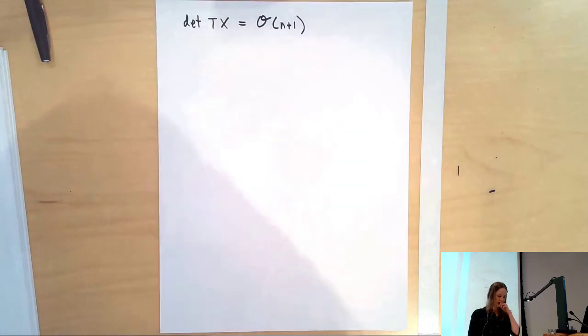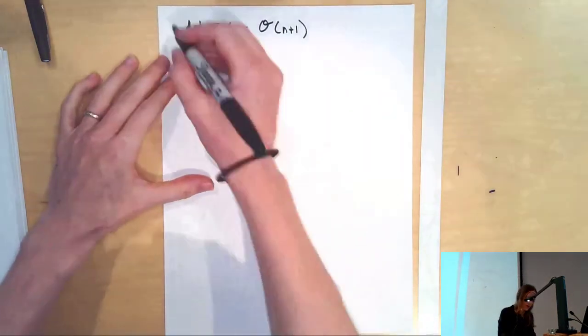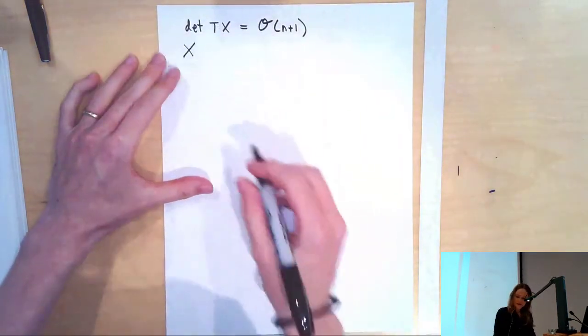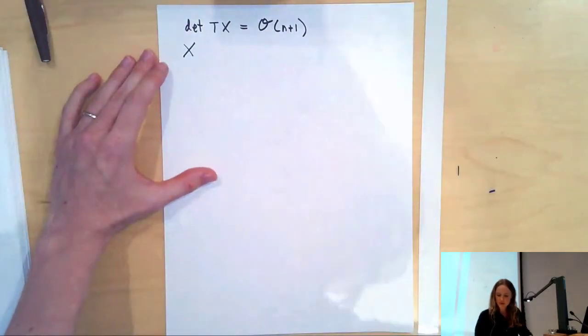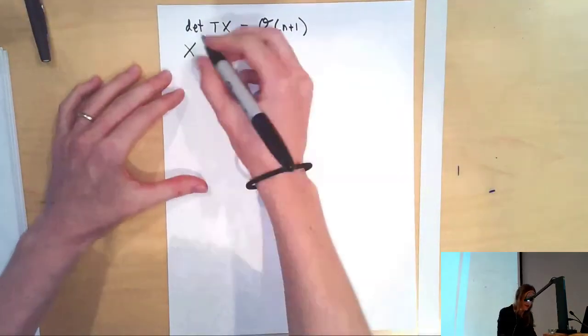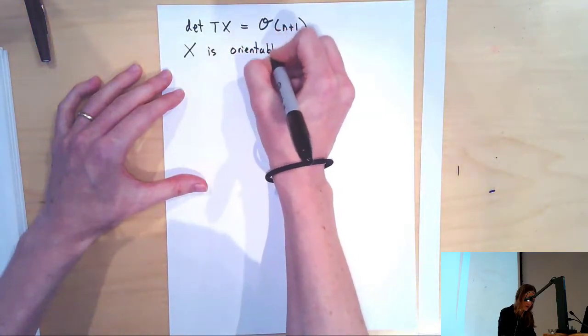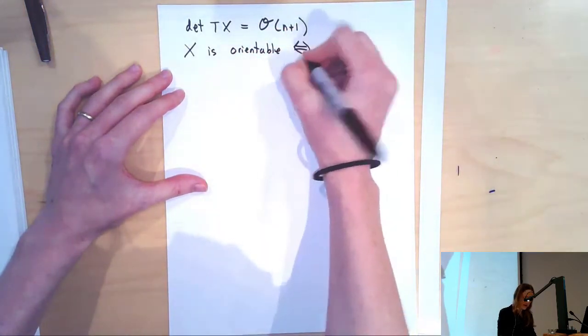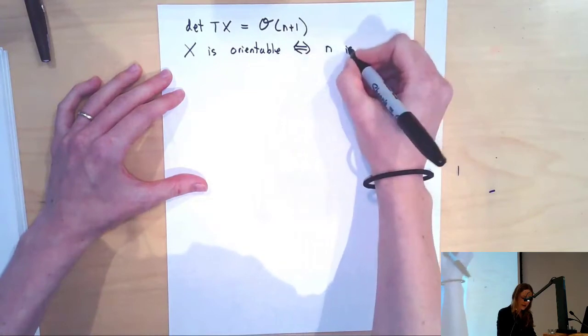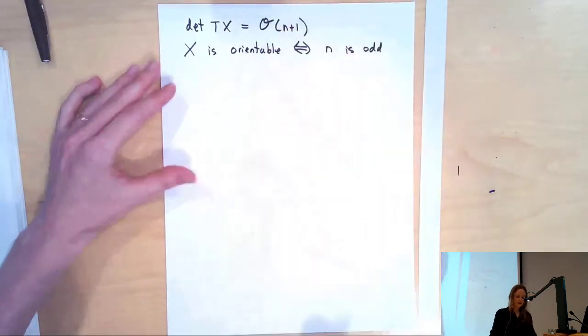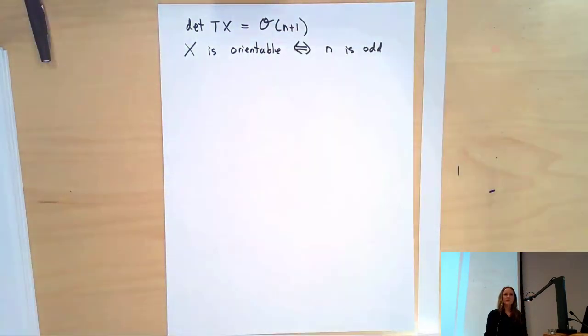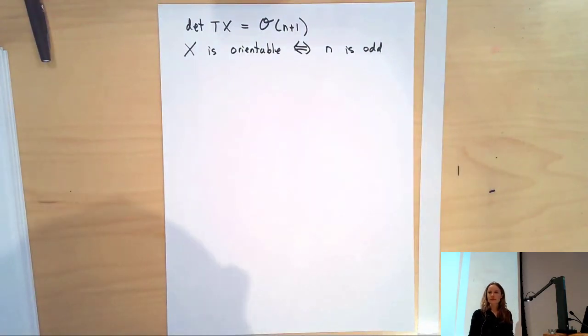So in both cases, we'd get this. So we get to conclude that if X is Pn or this Grassmannian, X is orientable if and only if n is odd, because then we can take the O of (n+1)/2 and pick just such an isomorphism.